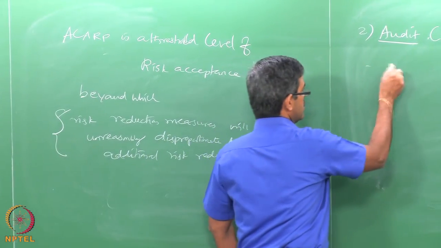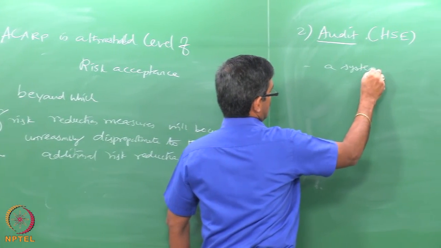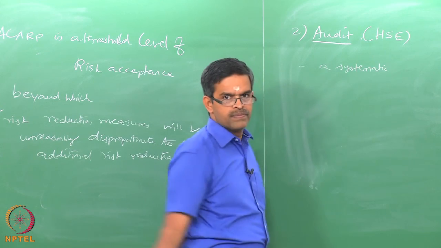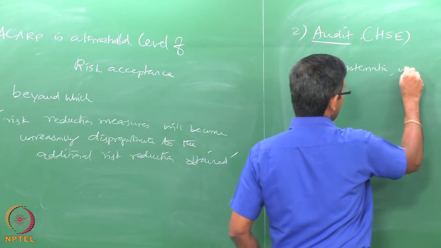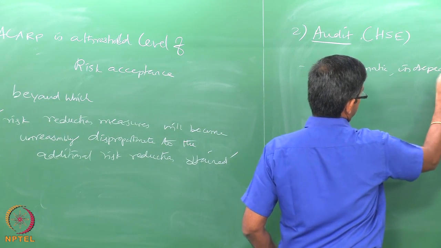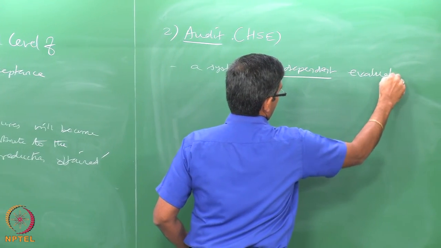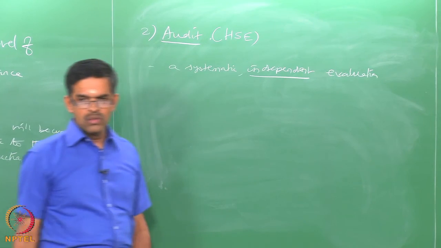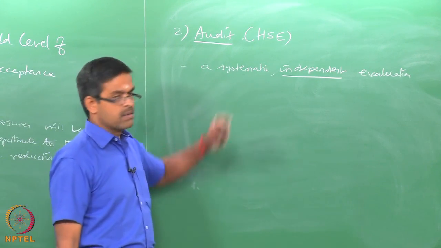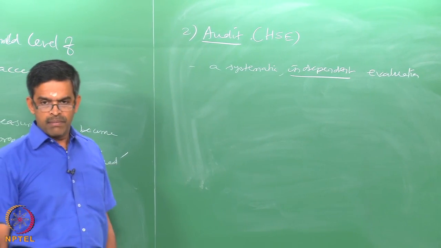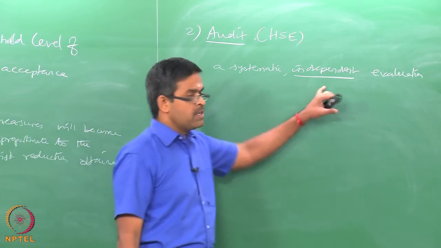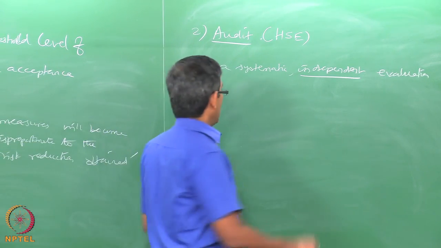It is a systematic, independent evaluation. Please understand. All of us know that audit is a systematic method, but many of us may not know it is an independent evaluation. What is the objective of this?